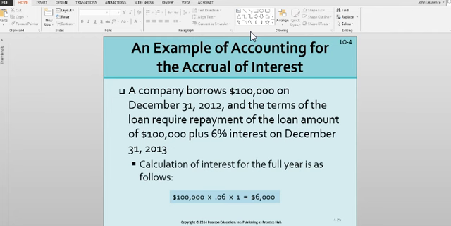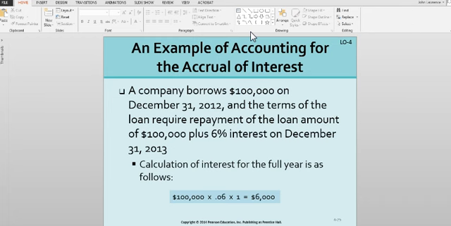So in this instance, your company borrows $100,000 on December 31st, 2012, and the terms of the loan require that you pay it plus 6% interest in its entirety 1 year later, on December 31st, 2013. So the loan is outstanding for 1 year, and you're going to pay 6% on that for 1 year.